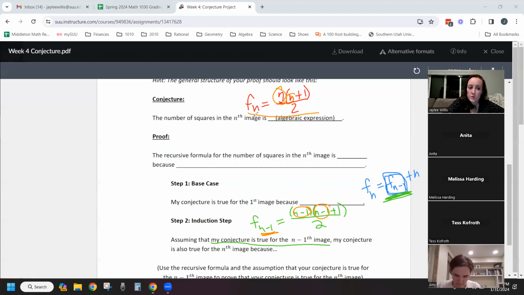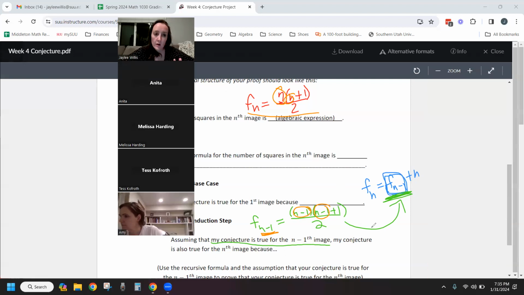So this is the assumption. And then I'm going to use that and substitute it in over here. So when we do that, that's basically the hardest part: you assume it's true and then you plug it in. And from there, it's basically just simplifying it.